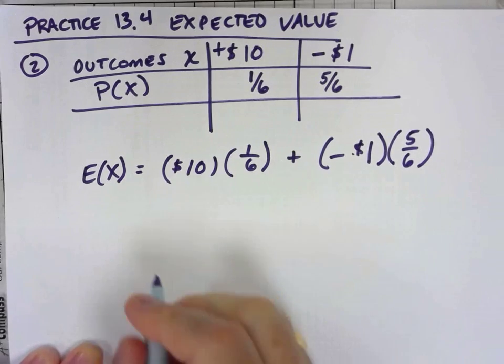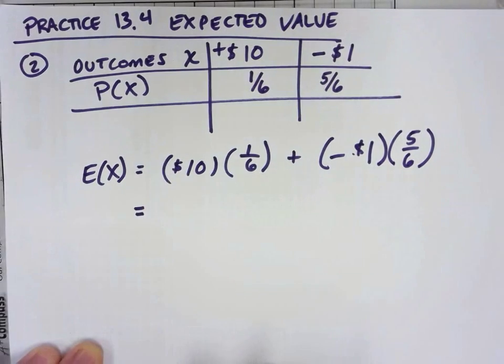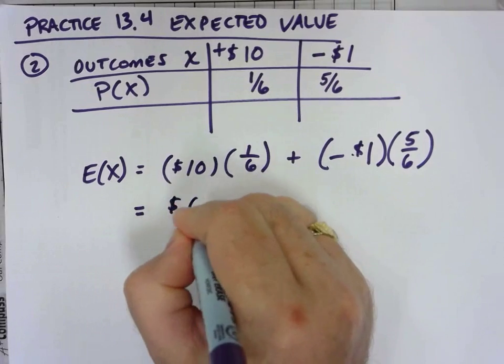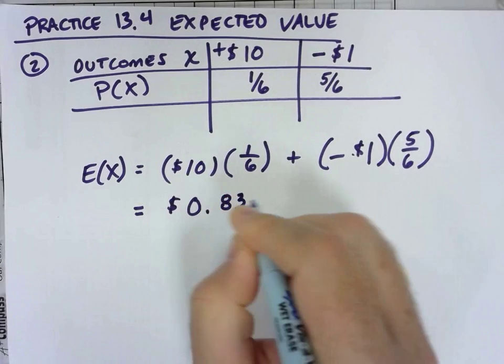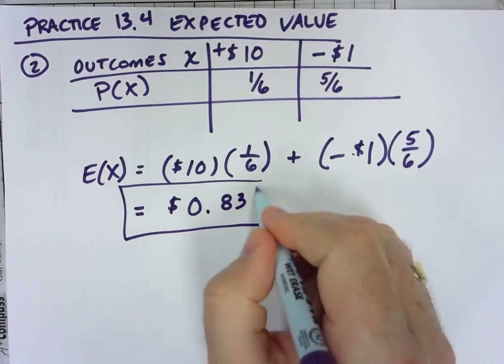And then you simply add that up. So you have $10 times 1 divided by 6, plus a negative $1 times 5 over 6. And you end up with an expected value of 0.83. That would be 83 cents.